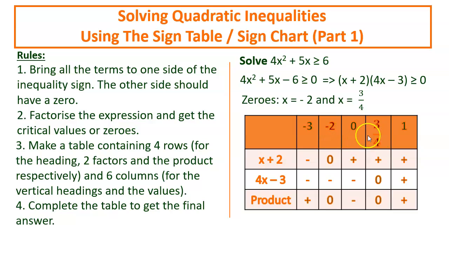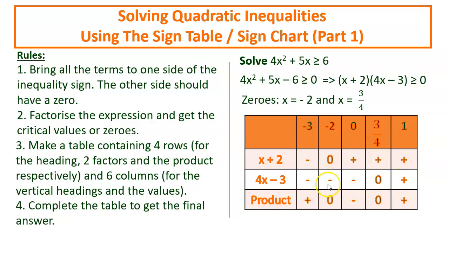So each of the two zeros will have one number to the left and one number to its right. The left number will be less than the zero taken, and the right number will be more than the respective zero. So these are the horizontal headings and the vertical headings.